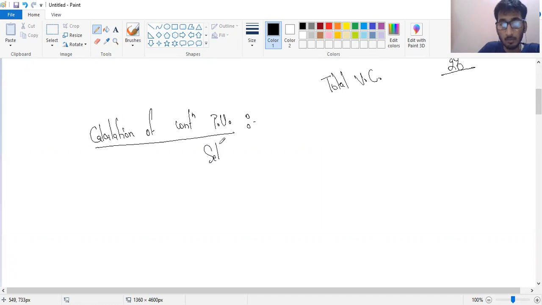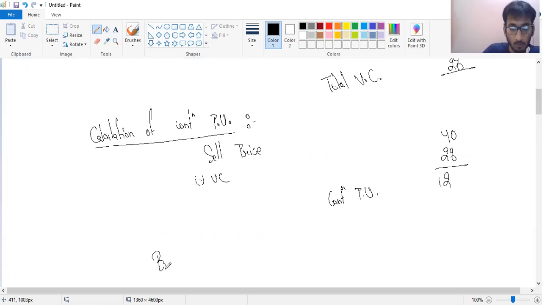The sale price is given. It is 40 rupees per unit. The variable cost is 28. So contribution per unit is 12.